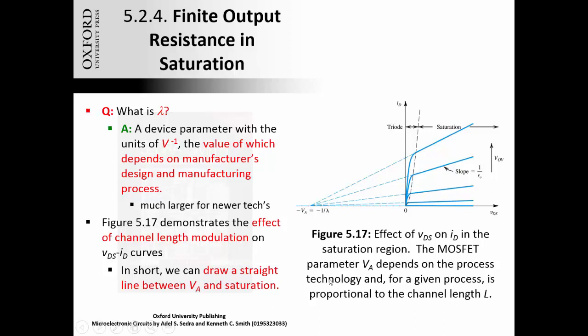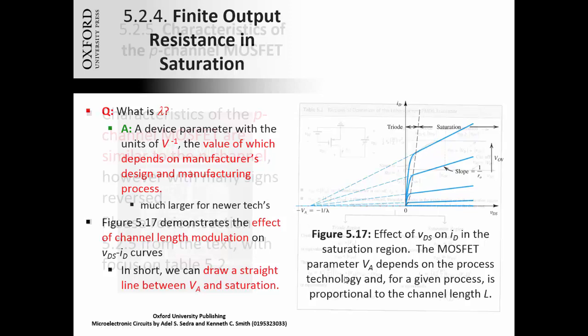This voltage here, minus VA, is also referred to as 1 over lambda. This parameter is useful for describing what happens related to the channel length modulation as you increase the VDS voltage. So we can actually model the modulation and the change in current in the saturation region if we know this early voltage.